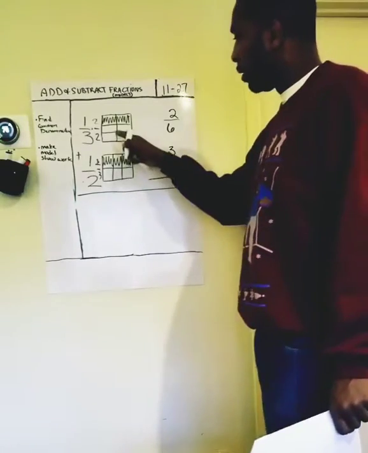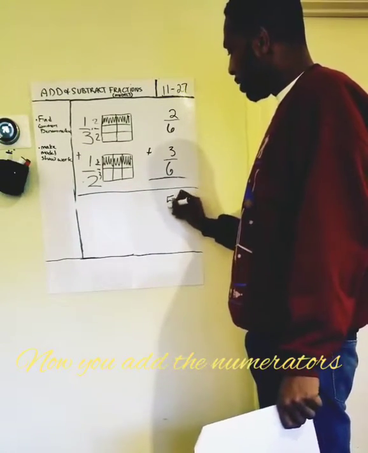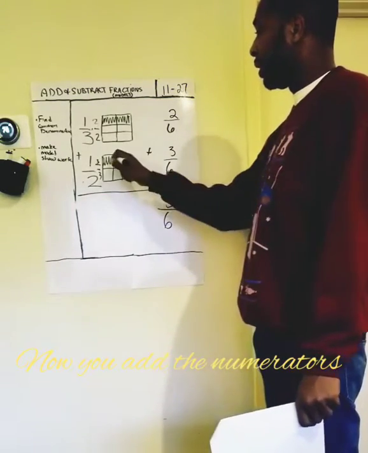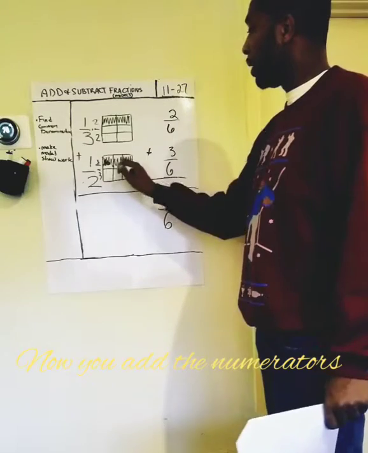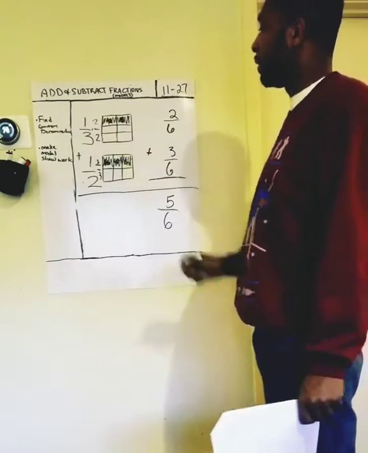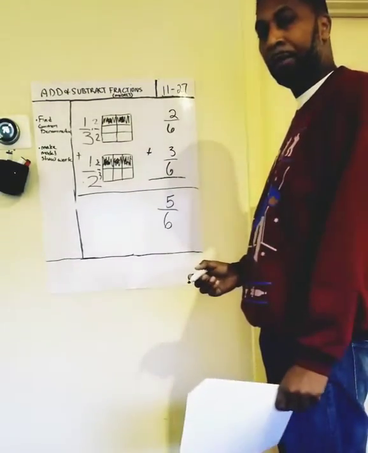Okay. So you got 2/6 plus 3/6 equals 5/6. Right? All right, how many do I have shaded? I got 1, 2, 3, 4, 5. 5 out of the 6 are shaded.